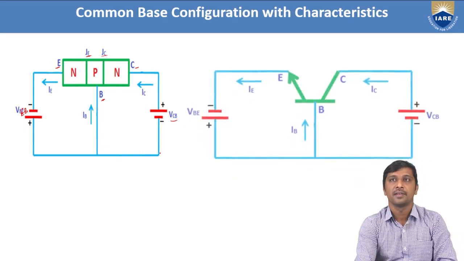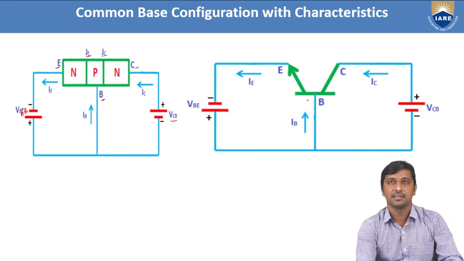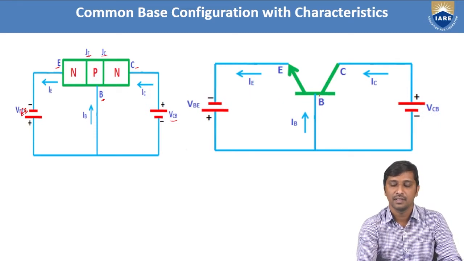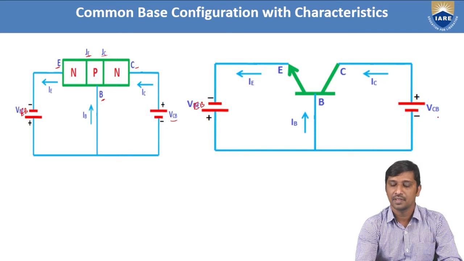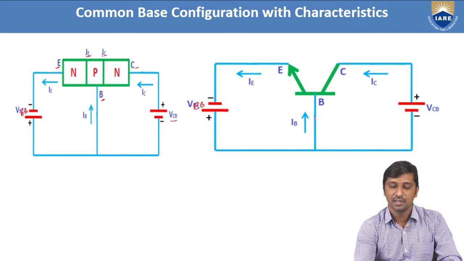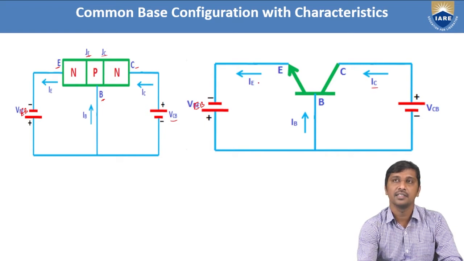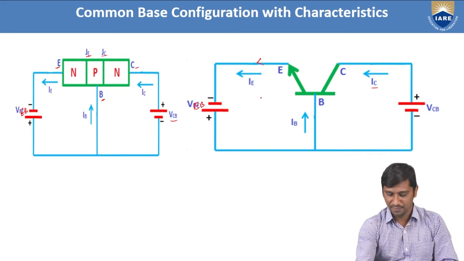Now this NPN construction is replaced with an NPN transistor model. Here again we have VEB and VCB. Across the base, the current is represented as IB. Across the collector, it allows the collector current, represented as IC. And across the emitter, it allows the emitter current, IE.